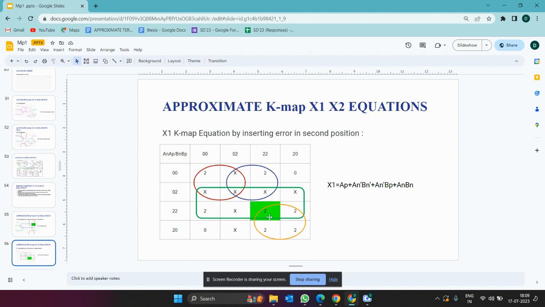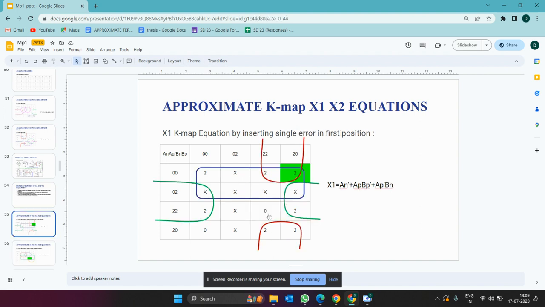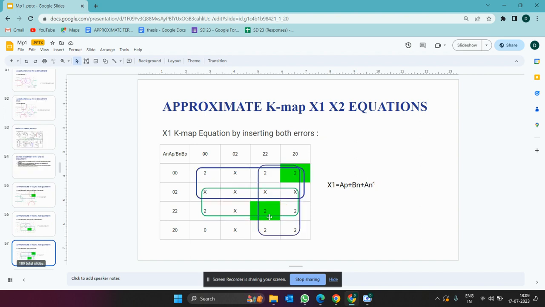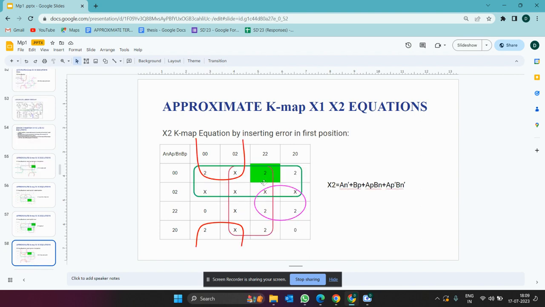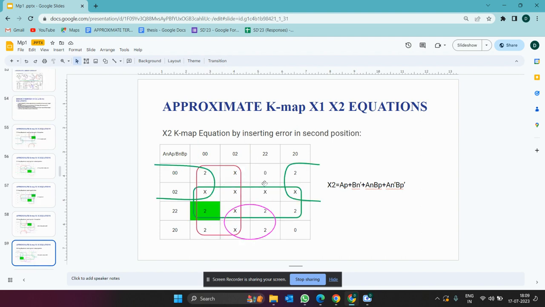That is an error. We have only introduced 2's in one place, and again here we have introduced errors in two places, and this is another case. Here we have introduced it in the second position, instead of 0 we have introduced 2.